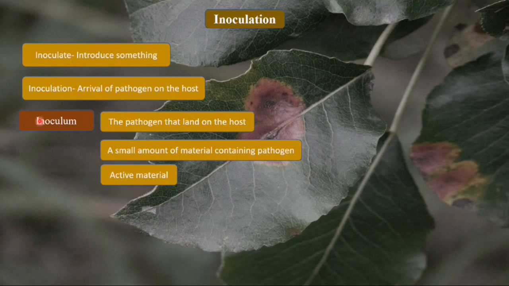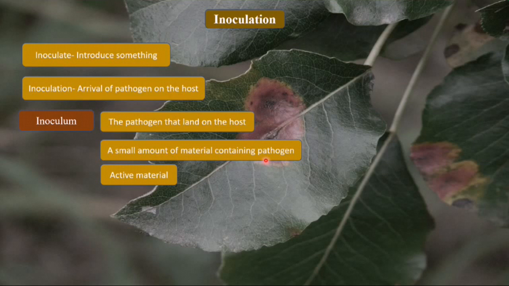So inoculum is the pathogen itself that has arrived on the host. When we talk about the laboratory, then it is the active material or some parts of the pathogen, for example some cells of the pathogen that are active, and we inoculate into the Petri plate. So it is just a small amount of material that contains pathogen.